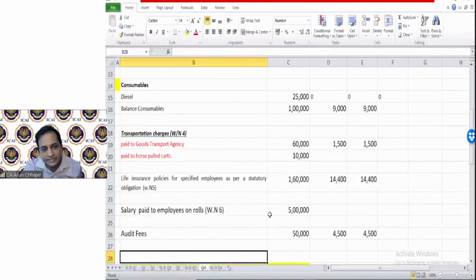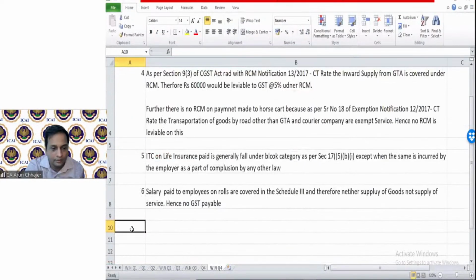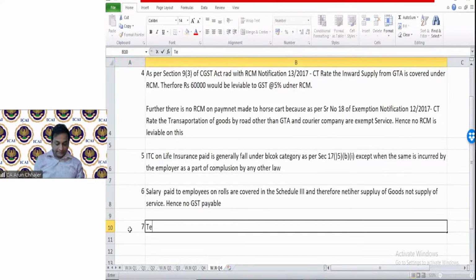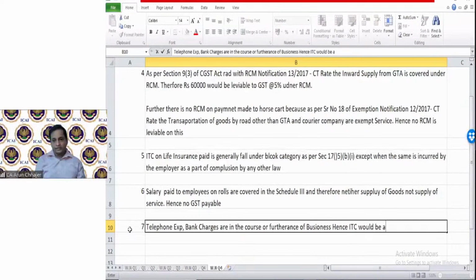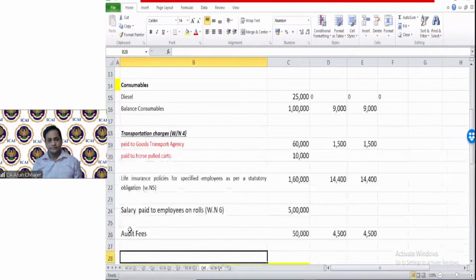So we can simply say the telephone expenditure and bank charges are in the course or furtherance of business, hence ITC would be available as per section 16 of CGST Act.